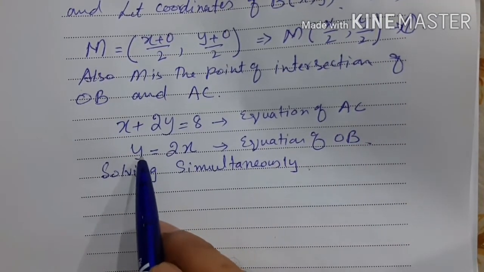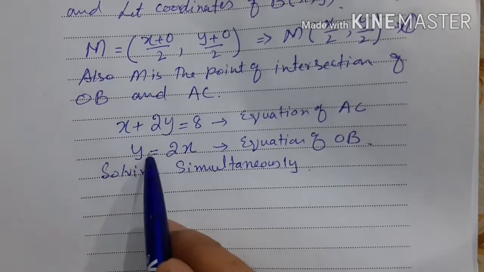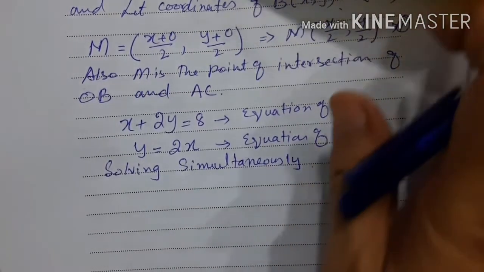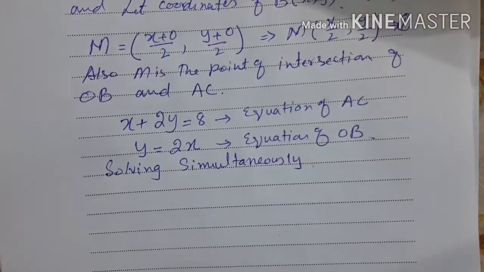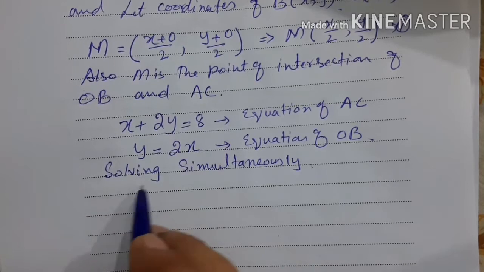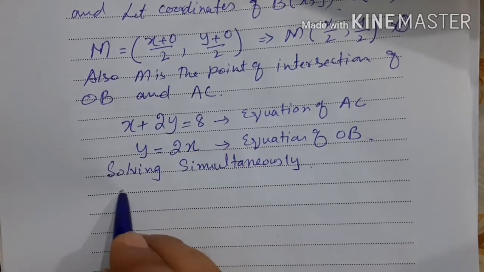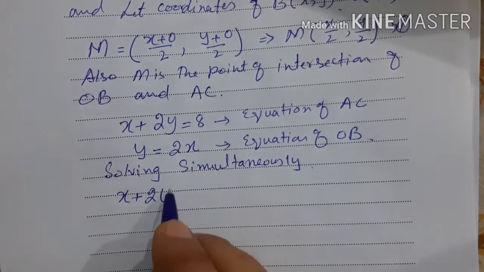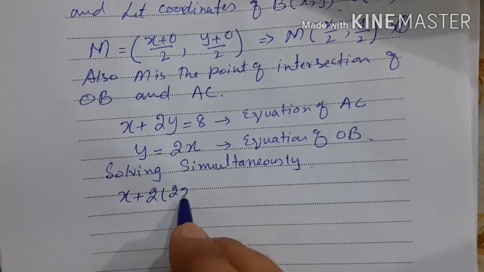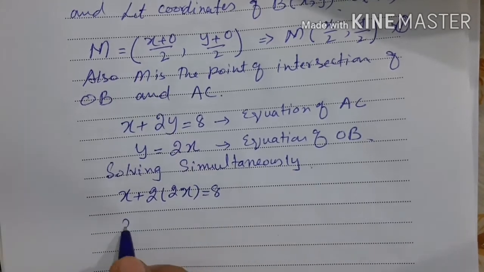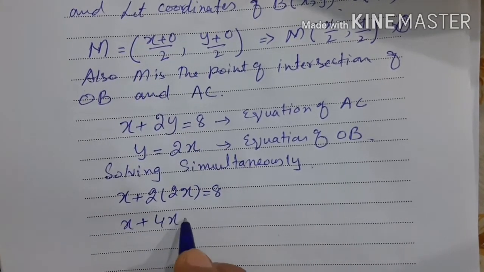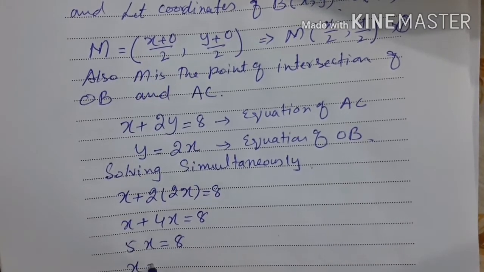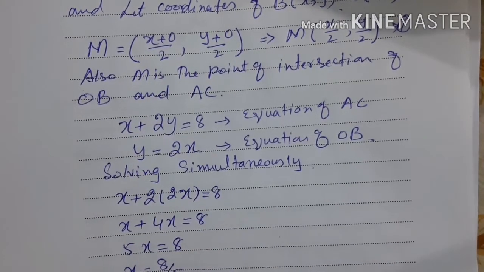So I have the value y is equal to 2x. I'll put this value in the equation of AC. So this will become x plus 2 into, I'll put the value of y here, 2x, is equal to 8. So x plus 4x is equal to 8, 5x is equal to 8. So x is equal to 8 over 5.